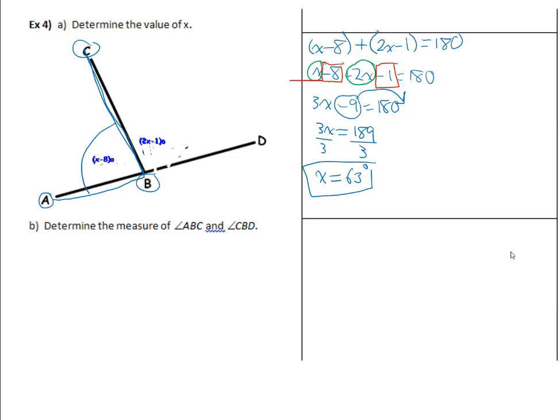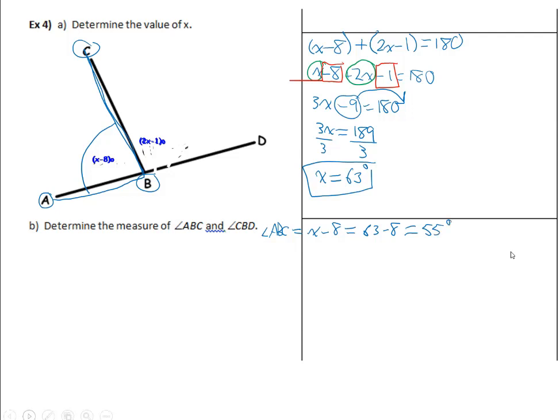To do this, you just have x minus 8. So I'm going to write angle ABC is equal to x minus 8. Well, then you just sub in your x value, which is 63 minus 8, and that equals 55 degrees.